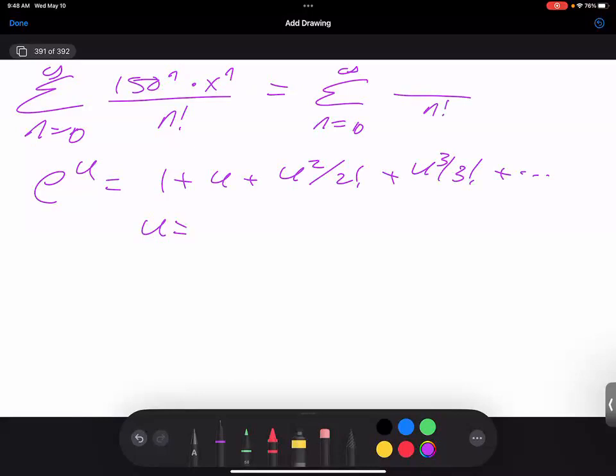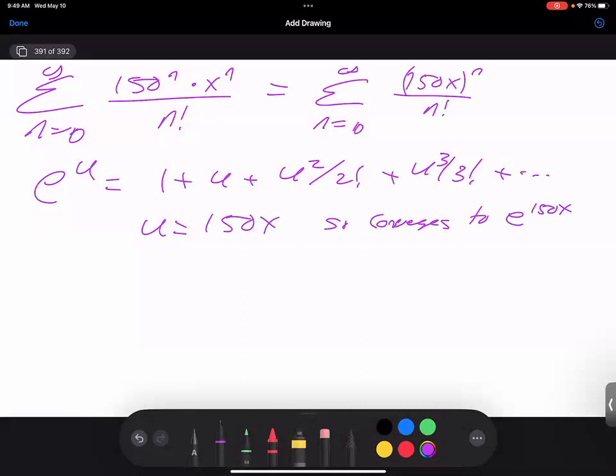How else could I write 150 to the n times x to the n? Yeah, 150 x to the power of n. Any thoughts on what would be a good choice of u? Yeah, 150x. So it converges to e to the 150x.